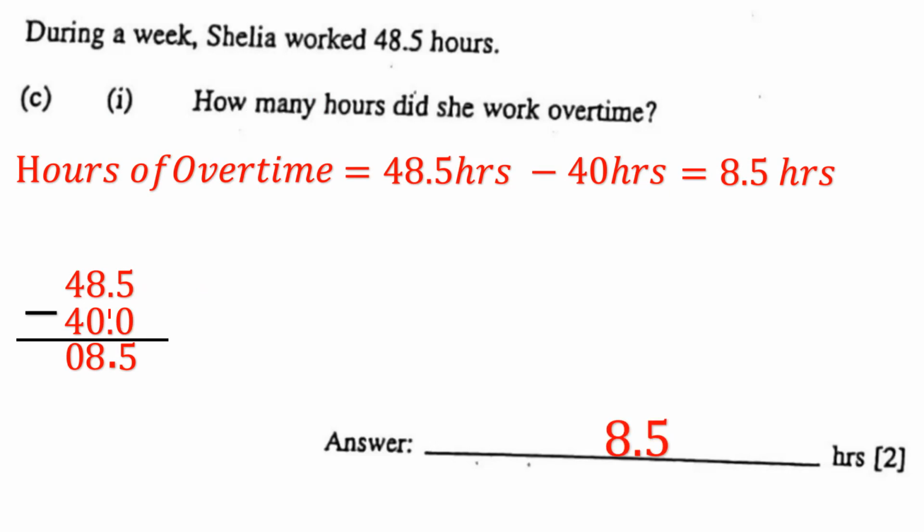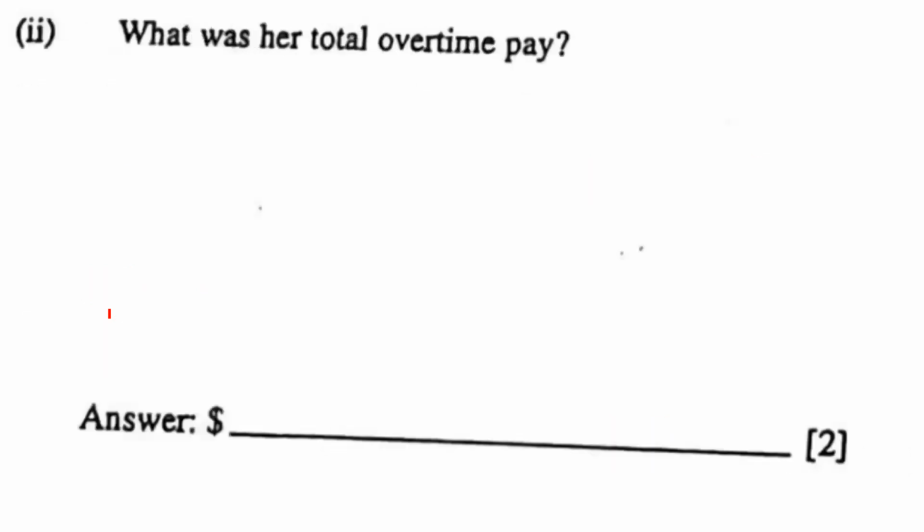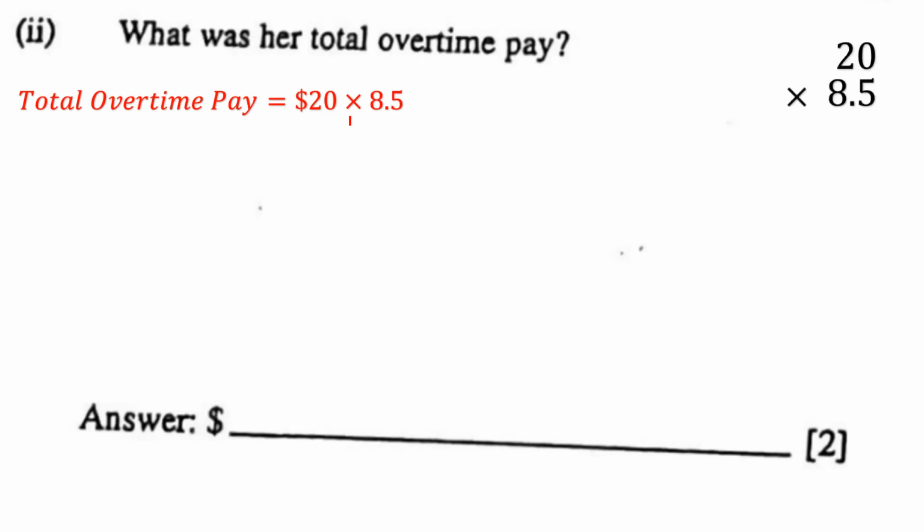But she also worked 40 hours regular. What was her overtime pay or total overtime? Well, we know she gets paid $20 for each hour of overtime, and she did 8.5 of them. So it's going to be 20 times 8.5. When we multiply 5 times 0, we get 0. 5 times 2 is 10.